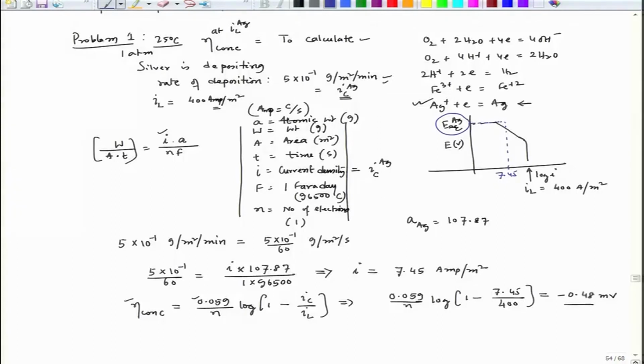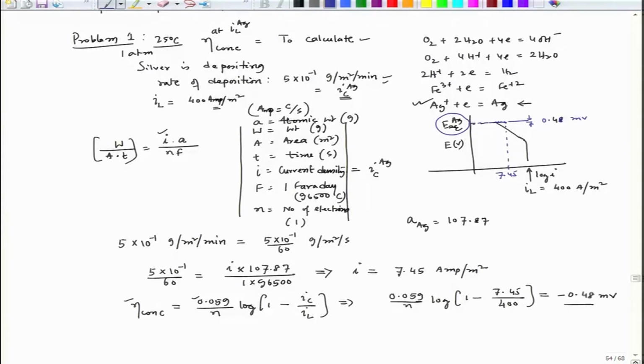So, the drop from this E equilibrium Ag is very minuscule, which is 0.48 millivolt.